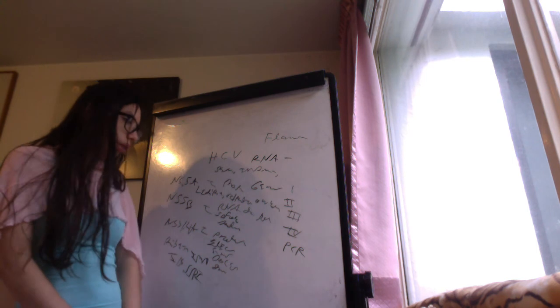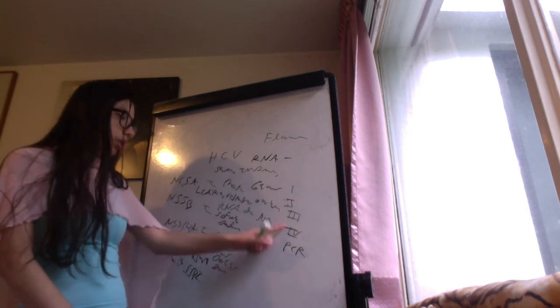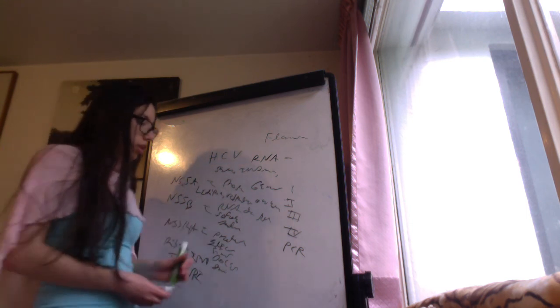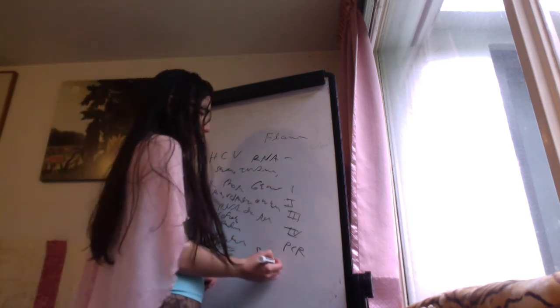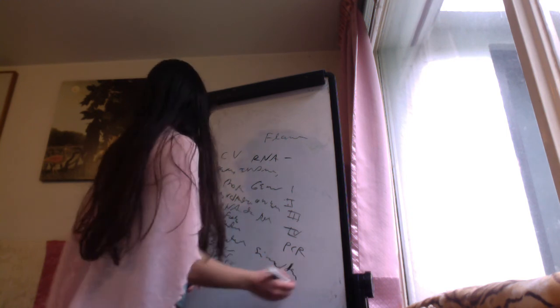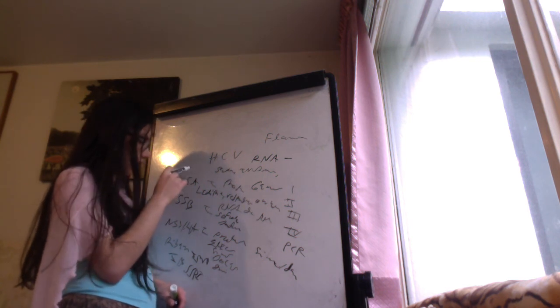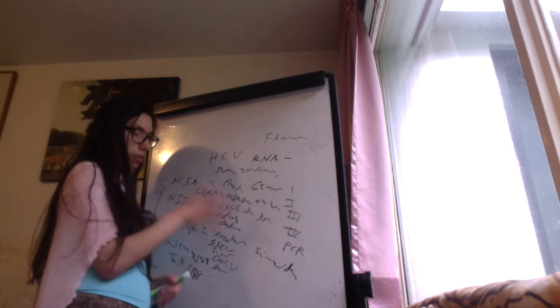Most of the genotypes, genotype 2 and 3, respond very well to ribavirin plus interferon. For genotype 1, we give simeprevir and ledipasvir, or any combination, most of the time, between the NS5A and NS3/4A inhibitors. So these are the direct inhibitors of the replication.